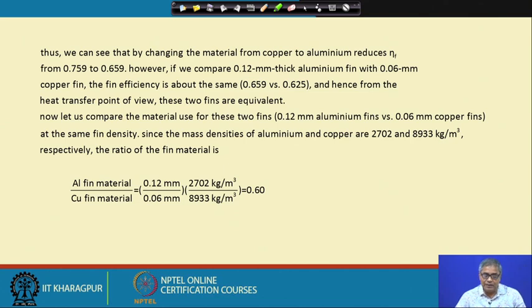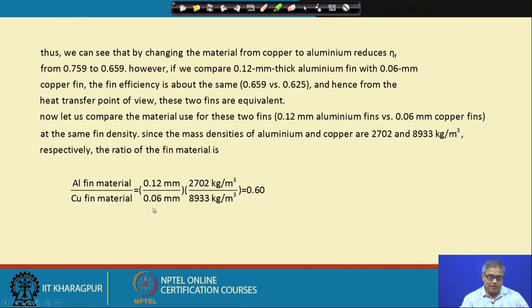Now, let us make another comparison of the material used for these two fins, the 0.12 millimeter aluminum fin and the 0.06 millimeter copper fin. Since the mass density of aluminum is much lower than that of copper, we can make a comparison of the fin material and the density.